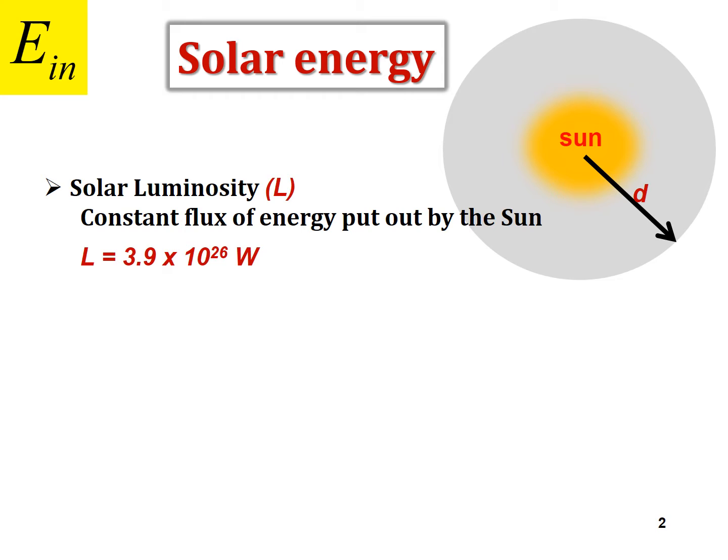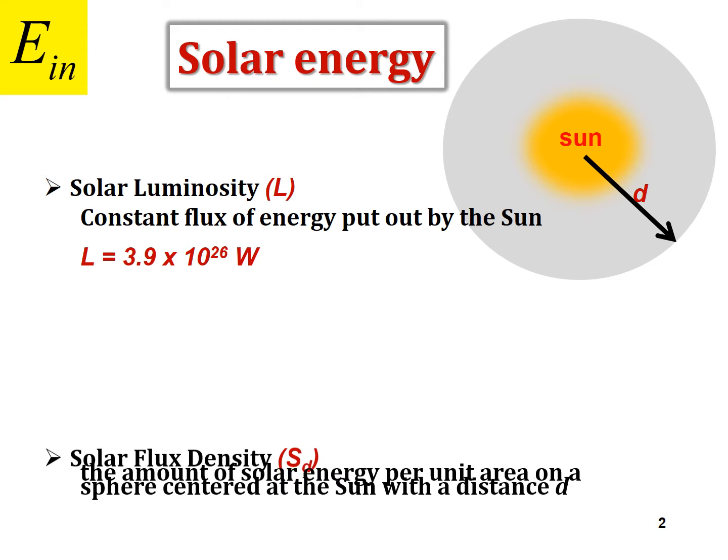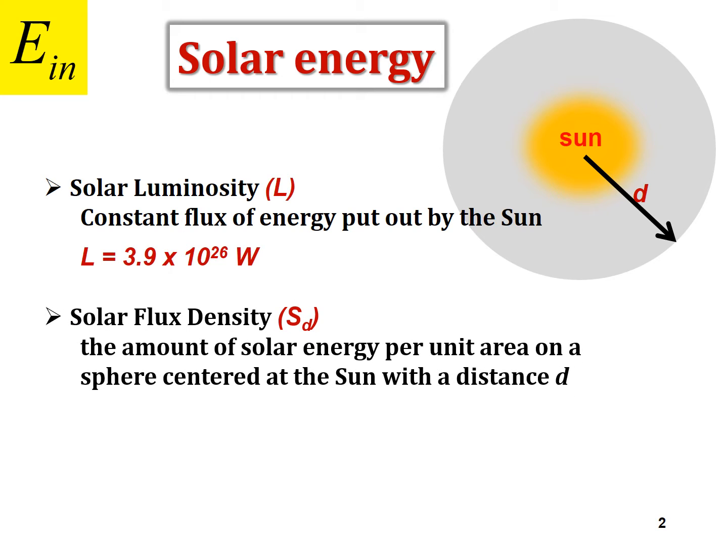Next, we want to ask about this energy transferred to the far area. We call it the solar flux density. So where does this radiation go?